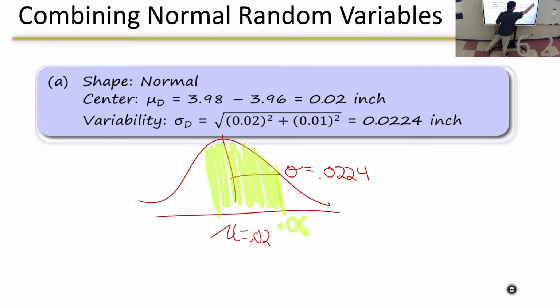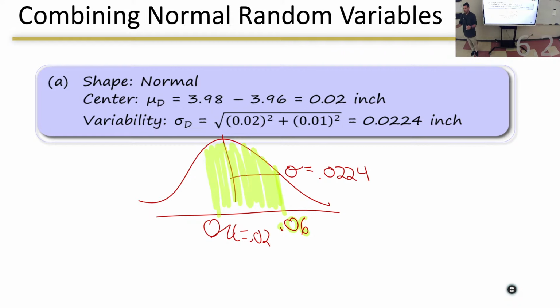So I need the area from 0 to 0.06. Normal CDF, 0 to 0.06 with a mean of 0.02 and a standard deviation of 0.0224. Easy. Once you've got all that down, it's down to your calculator, Desmos, or whatever you guys want to use to figure out what that area is, from 0 to 0.06.